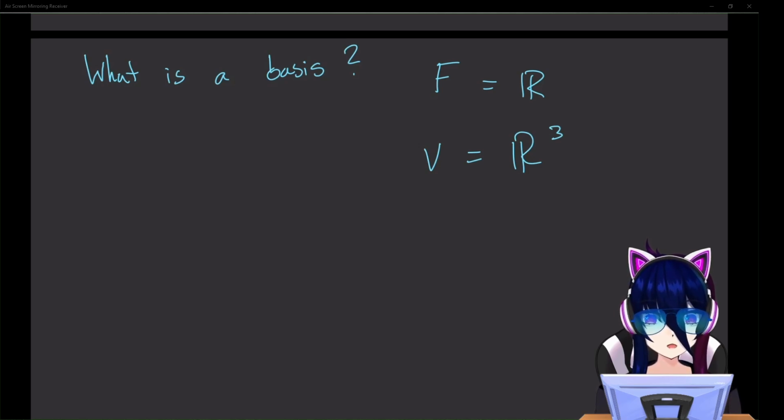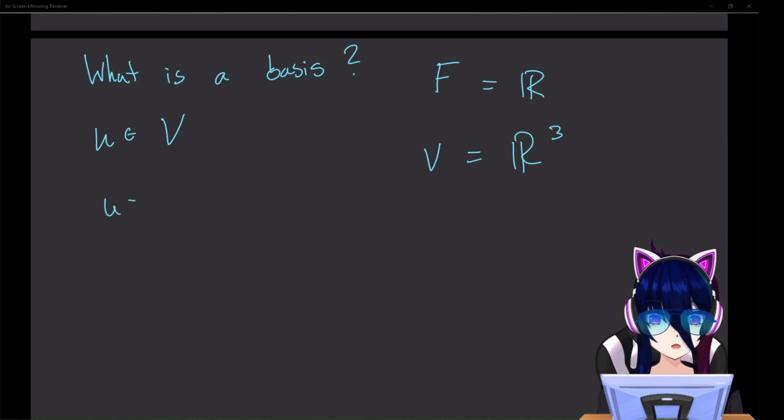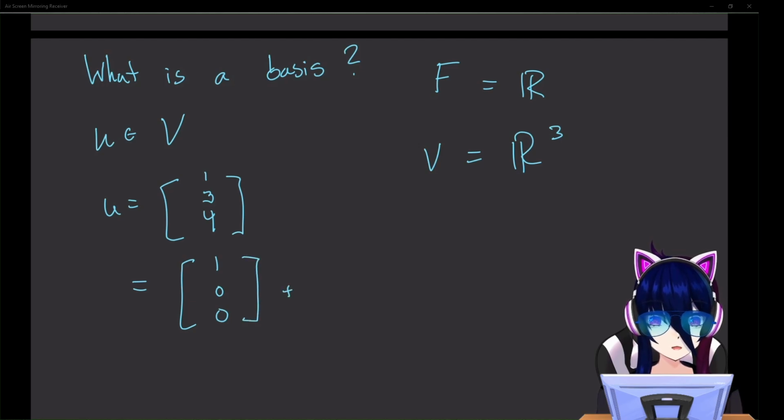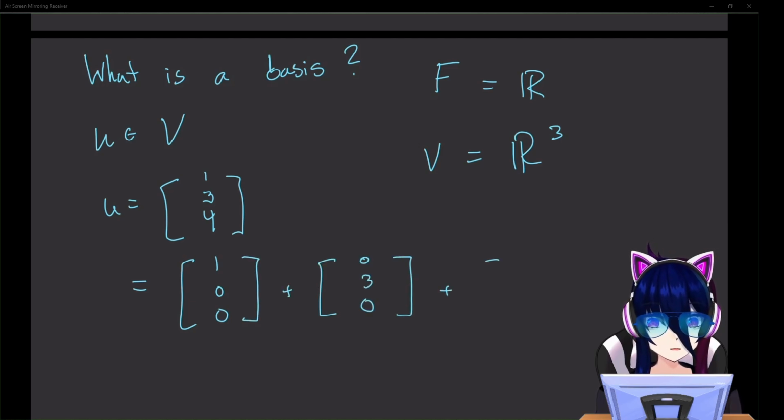So what would something in our vector space look like? We'll say u in V, and u would equal something like 1, 3, 4. Well, how can we break that down? We can break that down into 1 in the first dimension, plus 3 in the second dimension, plus 4 in the third dimension.